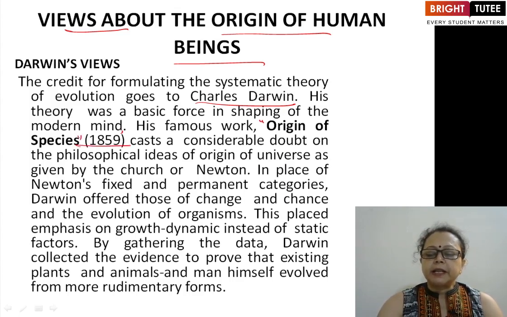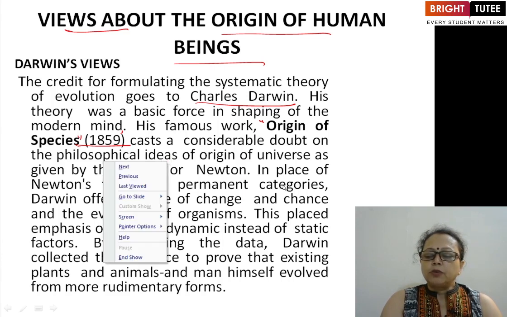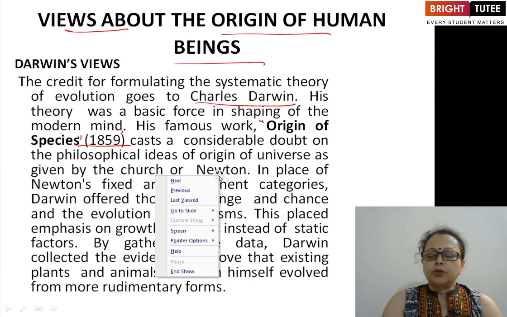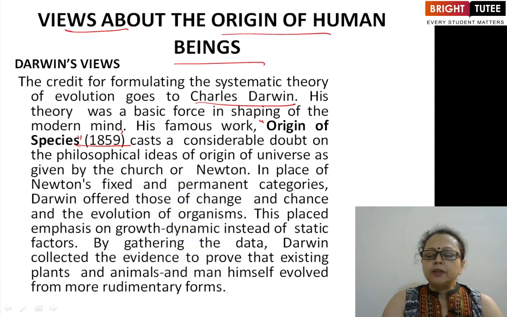written in 1859, casts considerable doubt on philosophical ideas of the origin of the universe as given by the church or Newton. So how is he different from the church, the facts given by the church or the facts given by Newton?